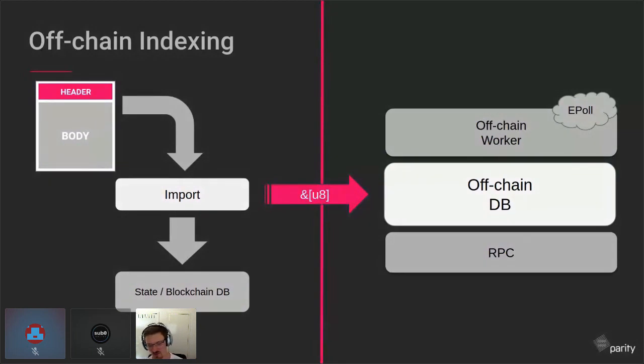And your block then enters the state for the blockchain DB. In on_import, now with the new indexing API, you have the option to write arbitrary data, whatever you deem necessary or sane, into your Offchain DB directly. From the Offchain DB, you can then use it either for an Offchain worker or directly via RPC.